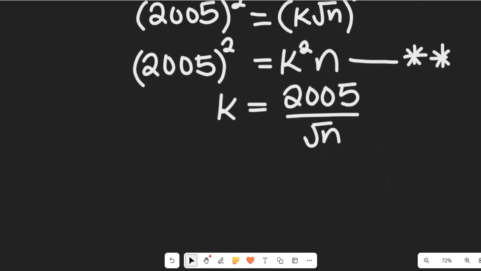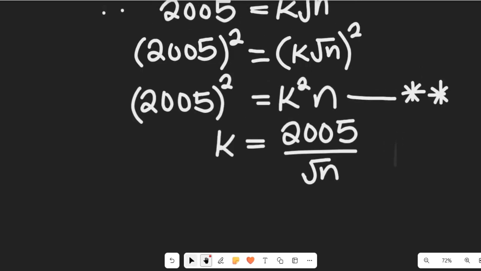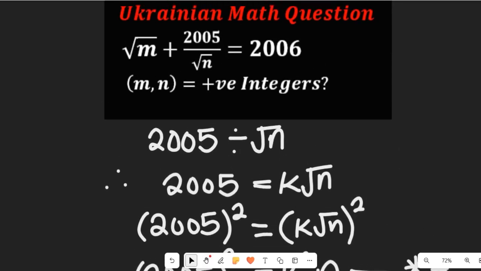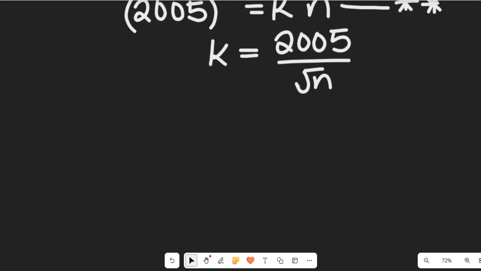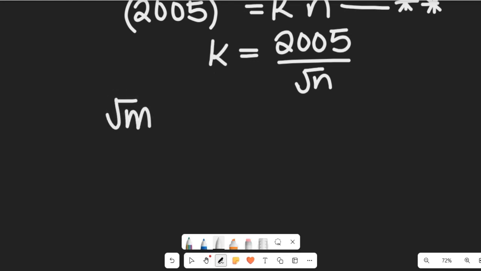So if k is equal to 2005 over root n, that means we can replace the value of k with this whole expression over here. So if we use that value of k, that expression can now give us the square root of m plus k will simply be equal to 2006.